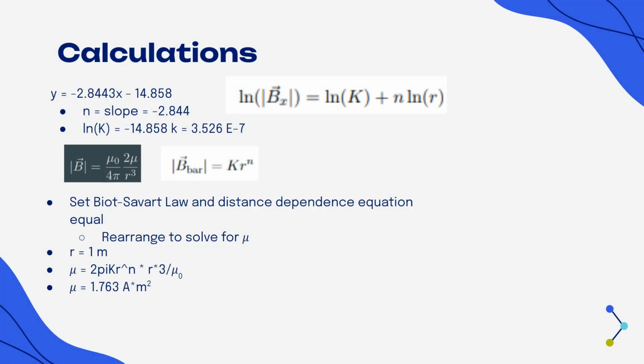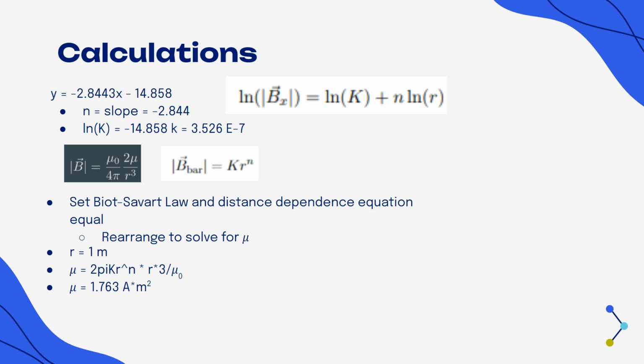For calculations, this was a previously shown line, which is y equals negative 2.8443x minus 14.858. We put this into the distance dependence equation, where n is equal to the slope of this line, which is negative 2.844, and k is equal to 3.526, which is just e to the power of the y-intercept.